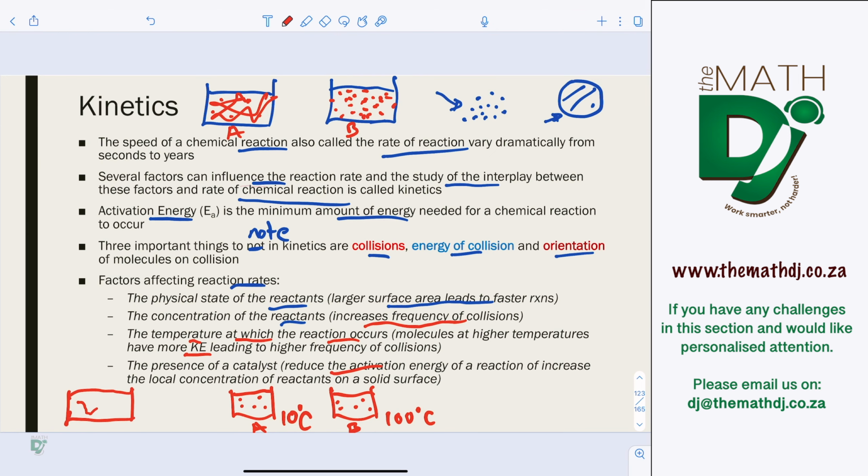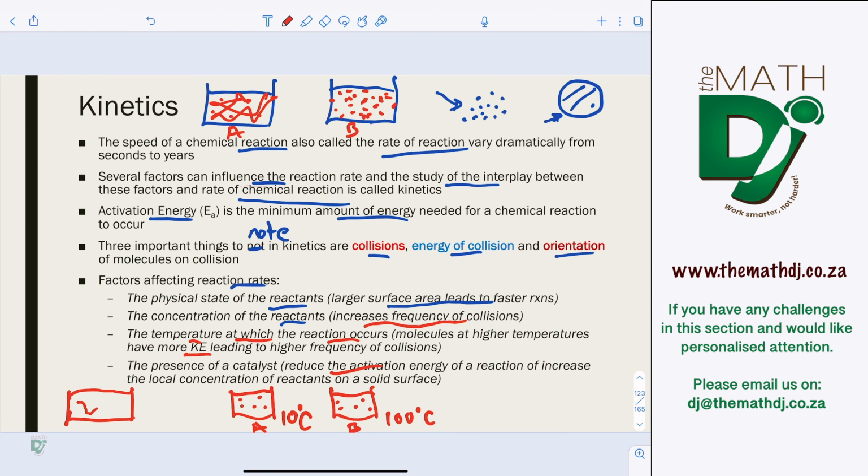Let's say the activation energy is at this level. If you introduce a catalyst, it can reduce the activation energy to a lower level. So it would take less time for the reaction to occur because the energy that is needed for the reaction to occur is reduced.